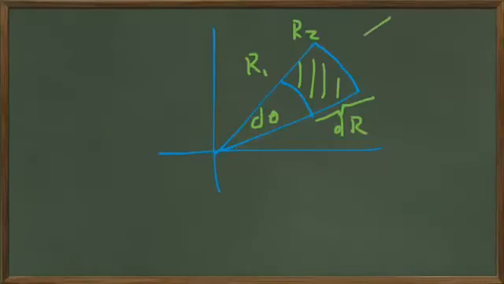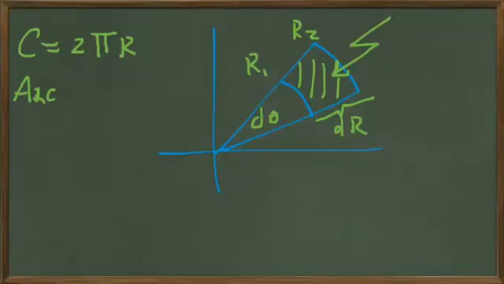So we're trying to find the area of this region, a sector region. And so let's review some formulas. First, the circumference of a circle is 2 pi r, so an arc would just be the prorated, or proportional, portion of the circle, so it's just theta times r, or in our case, since the angle is going to be d theta, it's d theta times r.